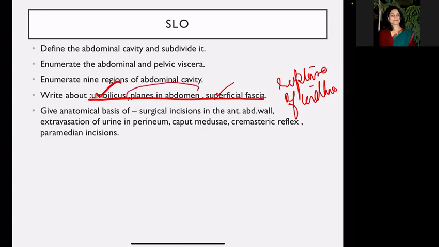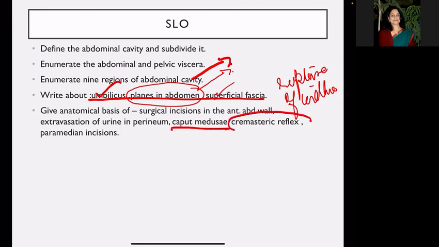Planes of the abdomen are important, as we'll read all the structures in relation to these planes or regions or quadrants. So these quadrants are again very important. And then the surgical importance of the anterior abdominal wall, extravasation of urine in the perineum, and caput medusae.